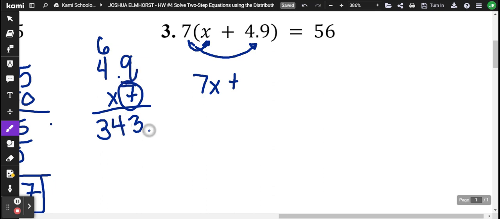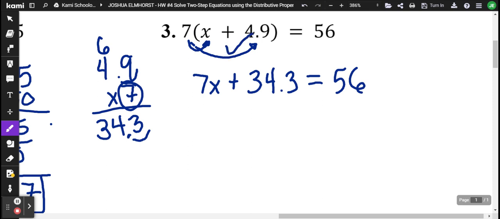There's one decimal place, so we're going to move it over one spot, so 34 and 3/10. So we're done with the distributive property. Now we're going to go into solving.